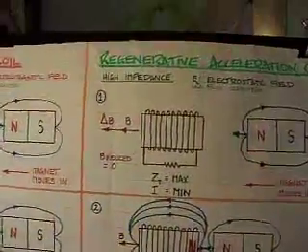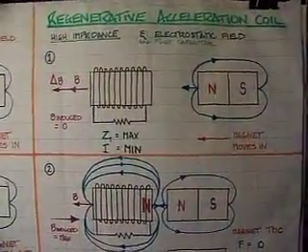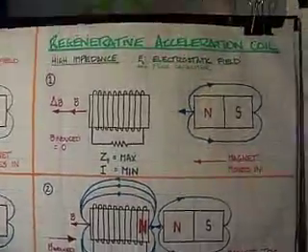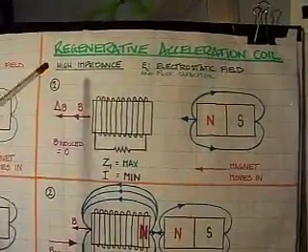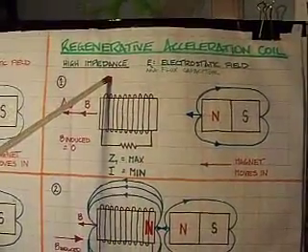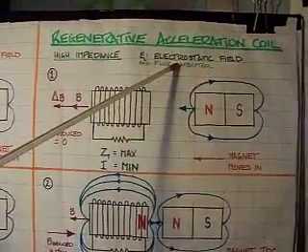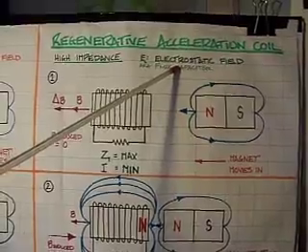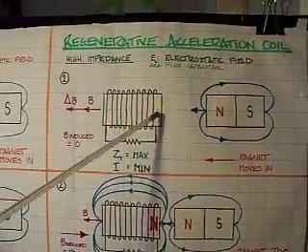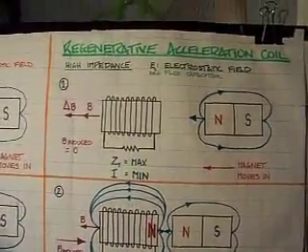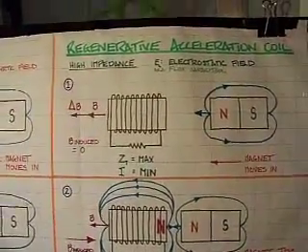Okay, so the regenerative acceleration coil is a high impedance coil. It stores energy in the electrostatic field inside the coil between the wires and operates as a capacitor.